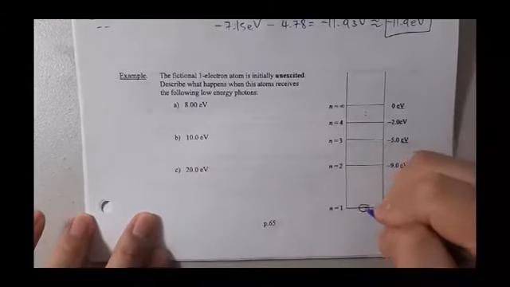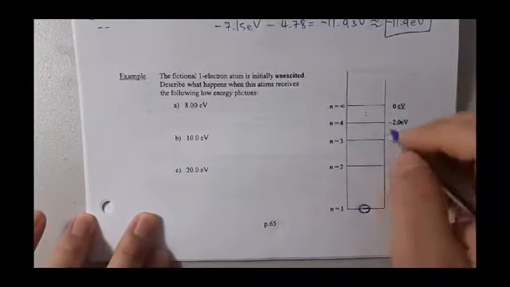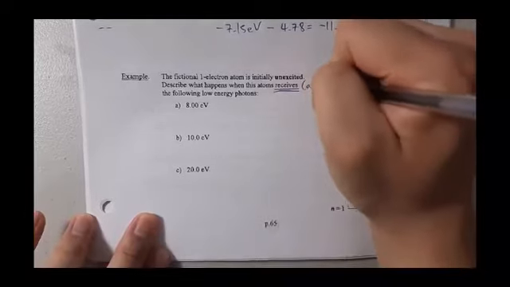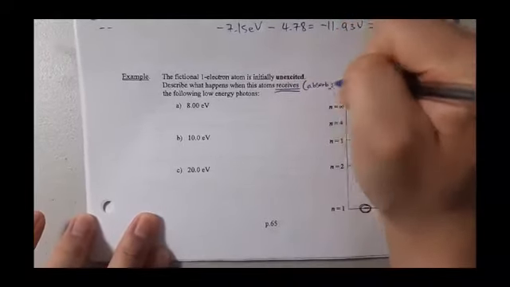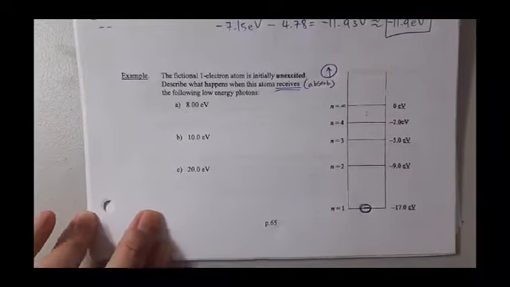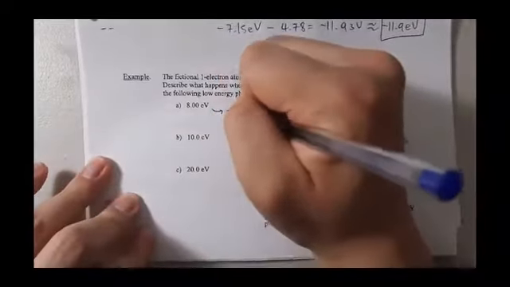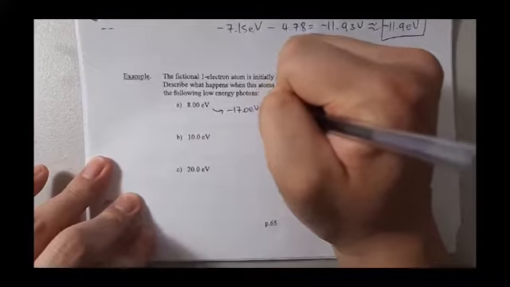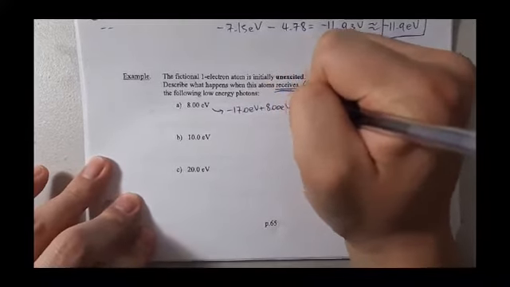So the electron is originally here. It says receive, so that means absorb. So you're going to go up from the lower level. Let's talk about this. Negative 17.0 electronvolt plus 8.00 electronvolt.